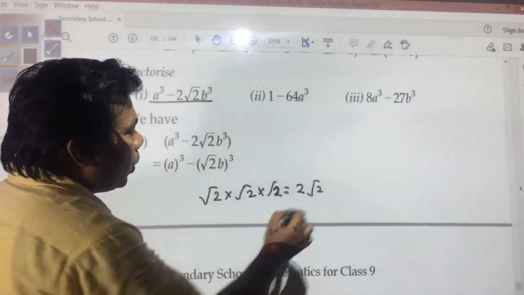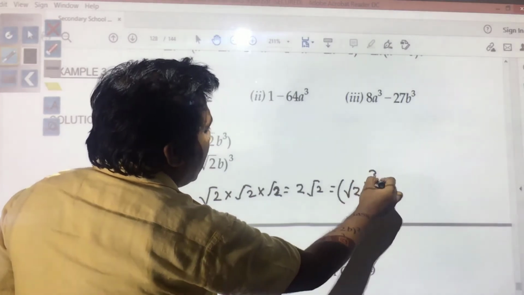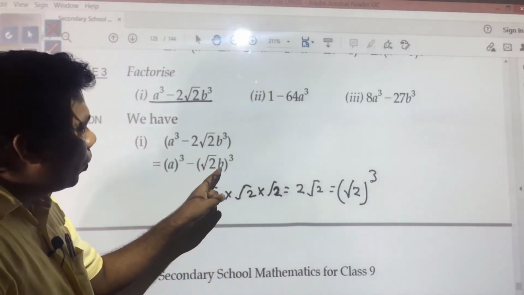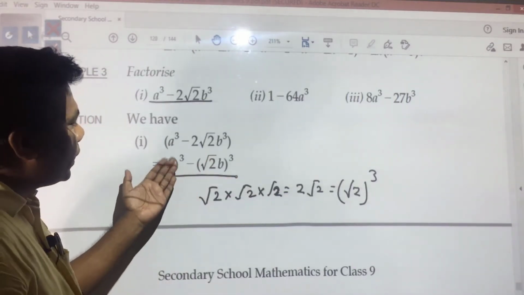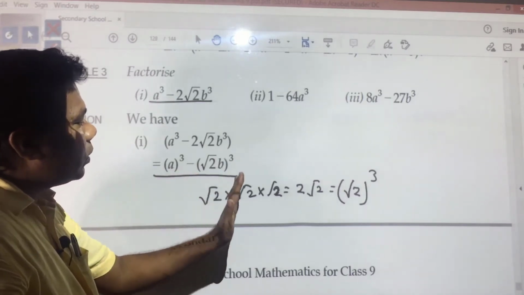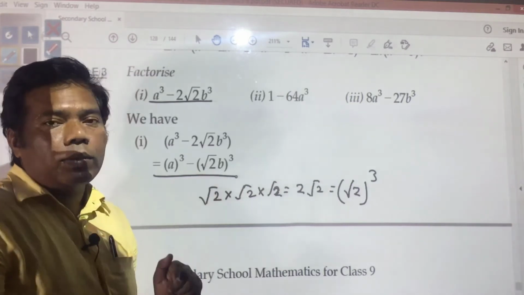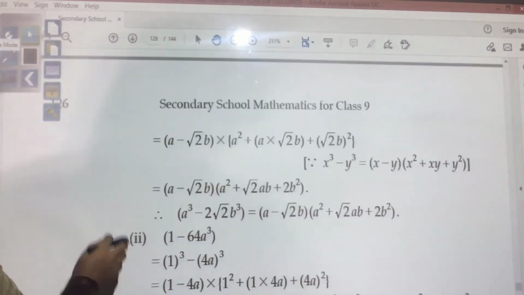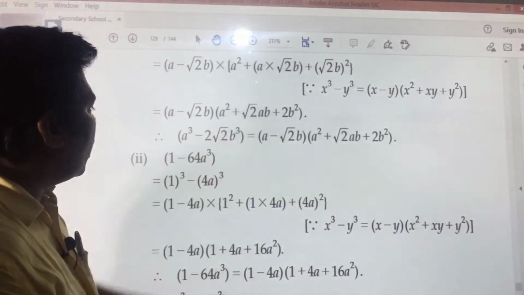So, 2 root 2 can be written as root 2 whole cube, and that's why it has been written as a cube minus (root 2 b) whole cube. Now, this is in the formula x cube minus y cube equals (x minus y) into (x square plus xy plus y square). In that way you need to write it down and you will get the answer. Here you see, in the same way this has been written and you have got the answer.